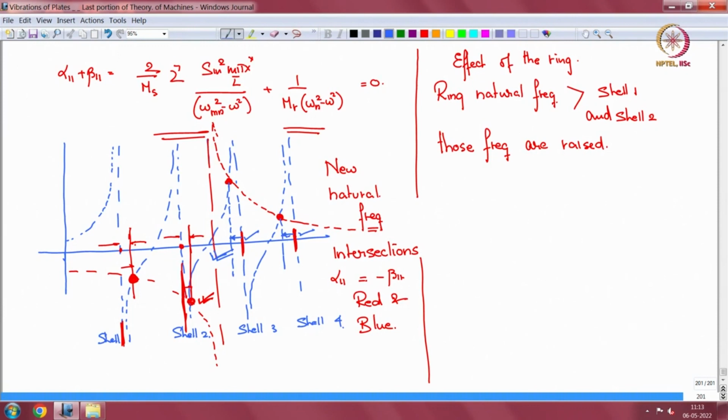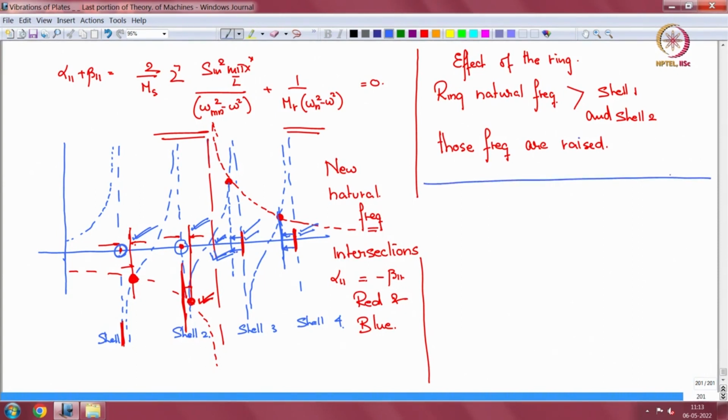So, this ring frequency, when it is above the shell frequencies, pulls them up. Whereas when it is below this and below this, it pulls them down, to here.